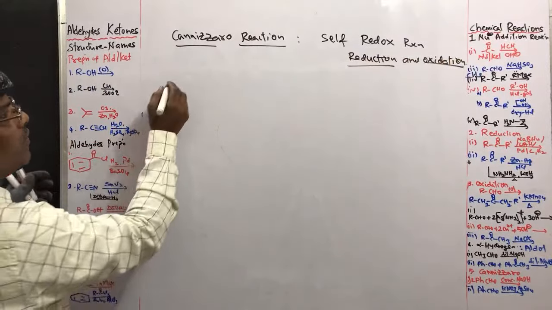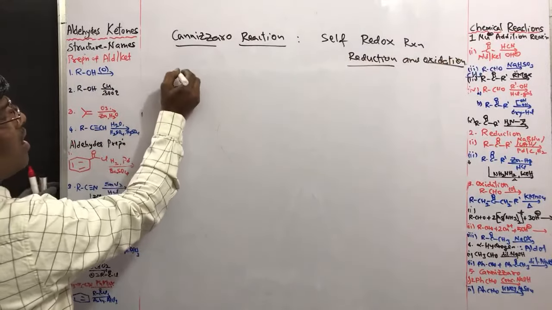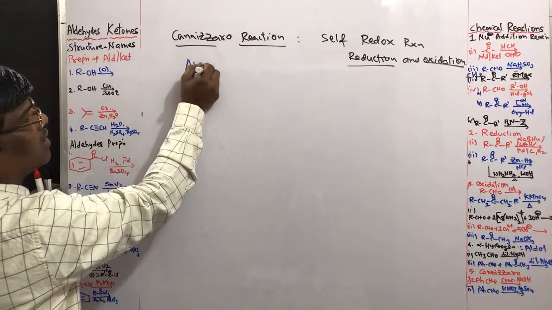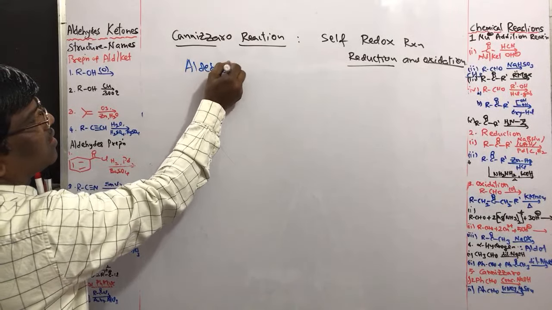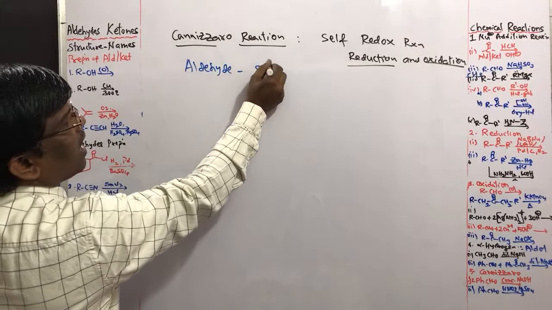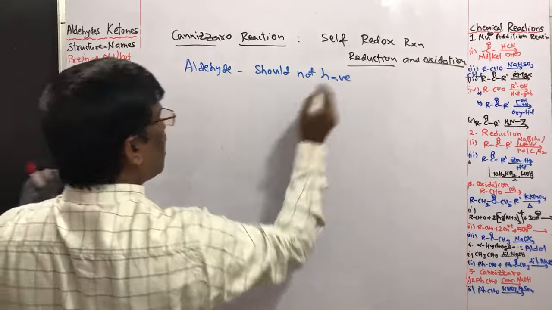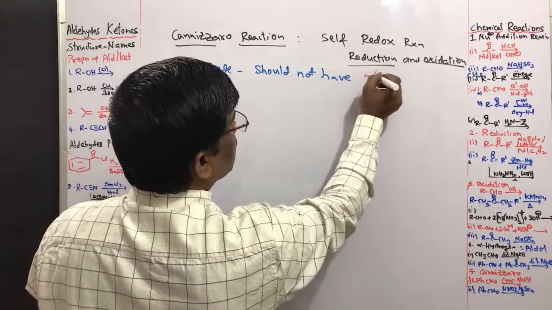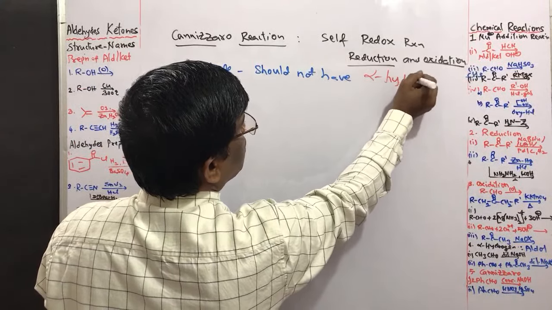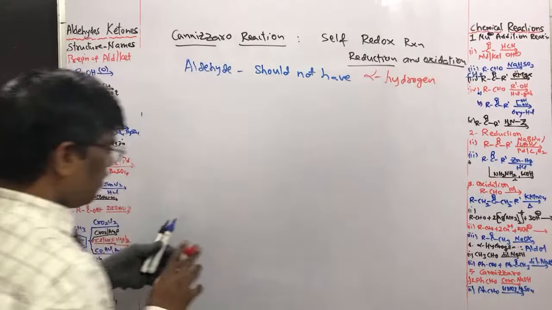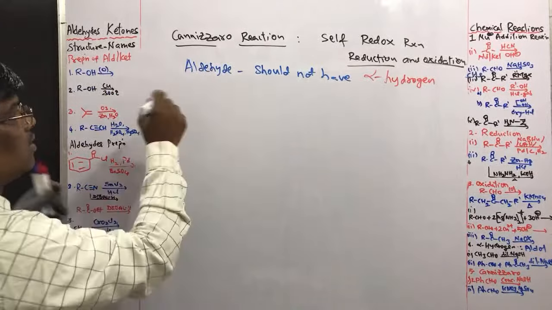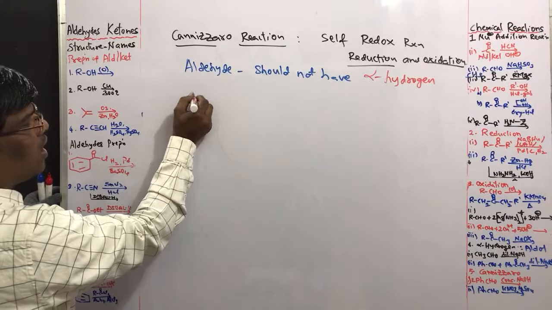The condition is that the aldehyde should not have alpha hydrogens. No alpha hydrogen containing compound undergoes this reaction. For example, formaldehyde.